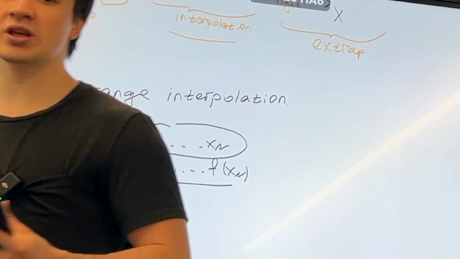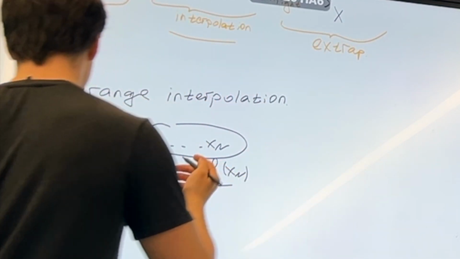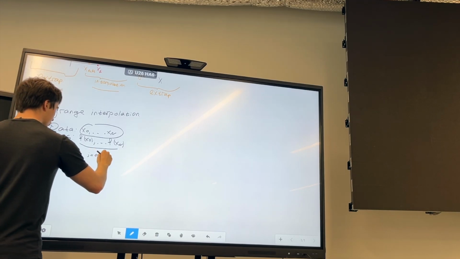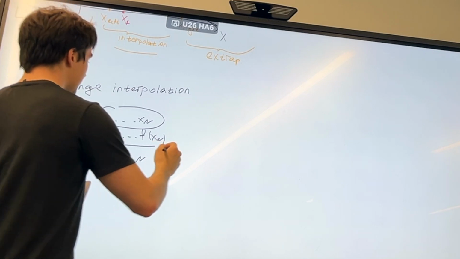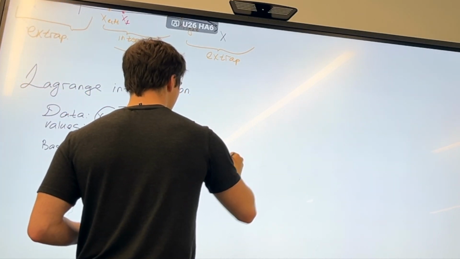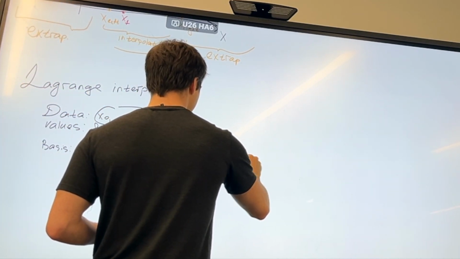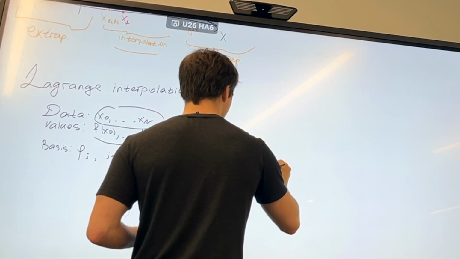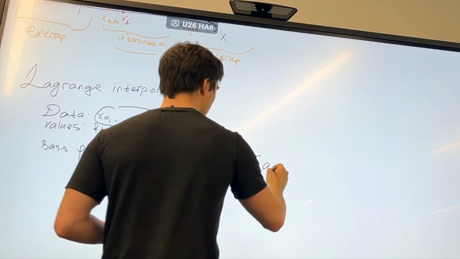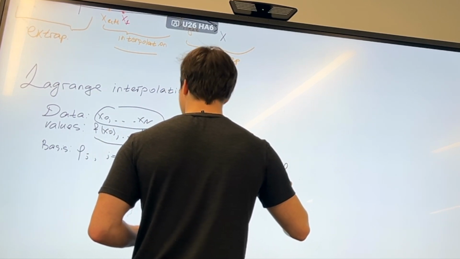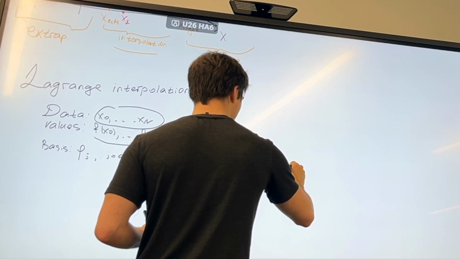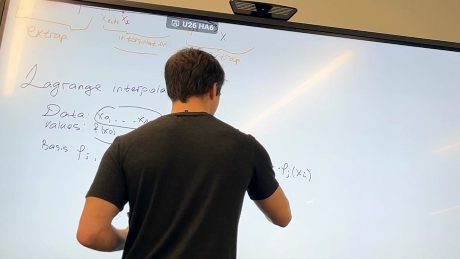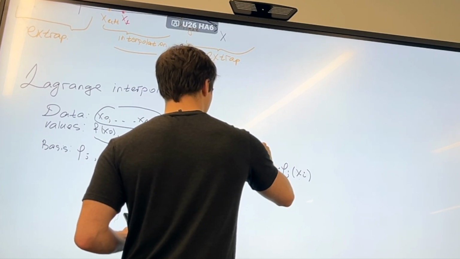For this, we will use a basis, and let's call our basis phi. The idea is that we want to say that f of xi is equal to the sum of some coefficients aj times phi j of xi, and we sum over j from 0 to n.